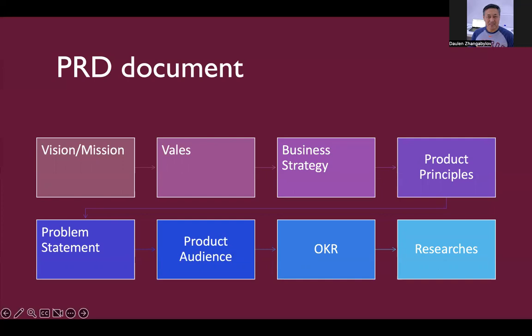First of all, it's vision, mission, values, business strategy, product principles, problem statement. We need to understand our product audience. We should come up with OKRs, objectives and key results, and we're supposed to be doing important research.